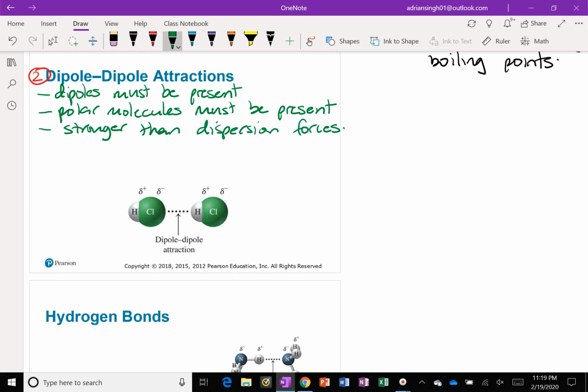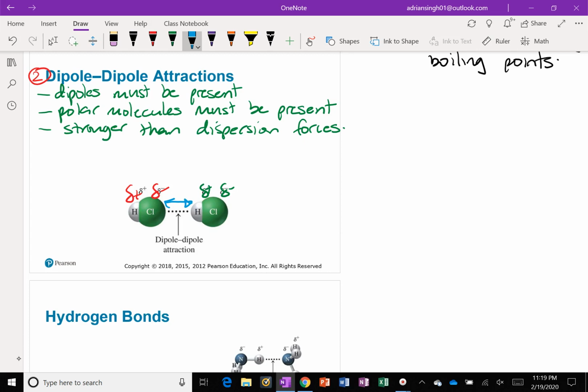For example, if you have something like HCl, we know now that HCl is going to be a polar molecule. One end of it is going to be slightly positive, and the Cl end is going to be slightly negative. So if you have a neighboring HCl molecule, one would predict that the slightly positive end of that one will be oriented close to the slightly negative end of the neighboring one.